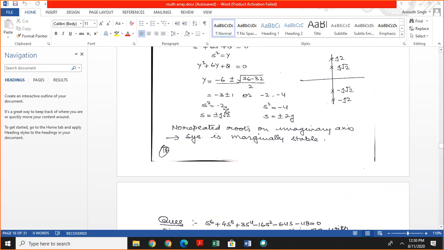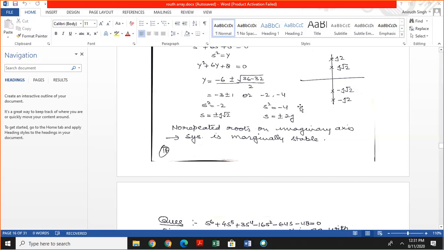S square is -2 and s square is -4, which gives plus minus j root 2 and plus minus 2j. So we get plus minus j root 2 on j omega axis and plus minus 2j on the imaginary axis.